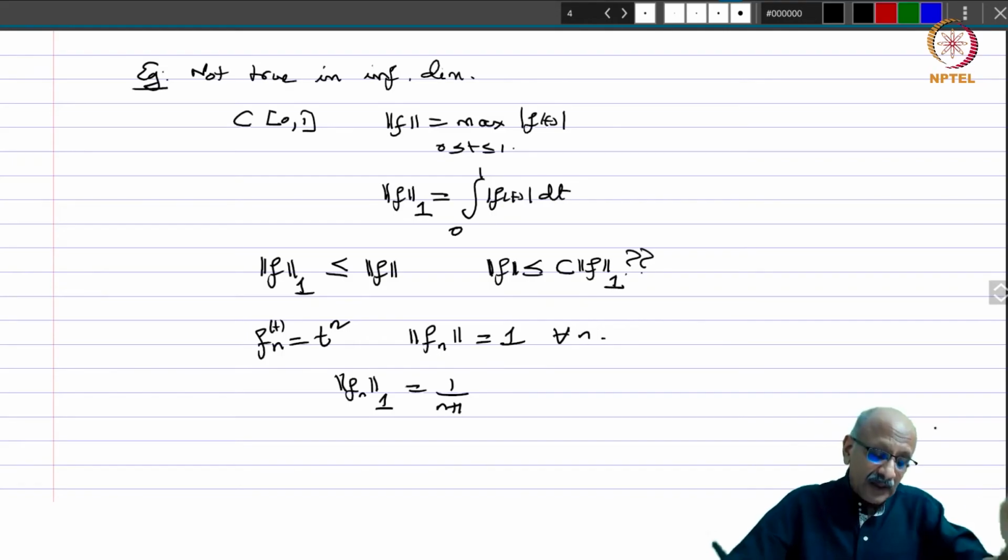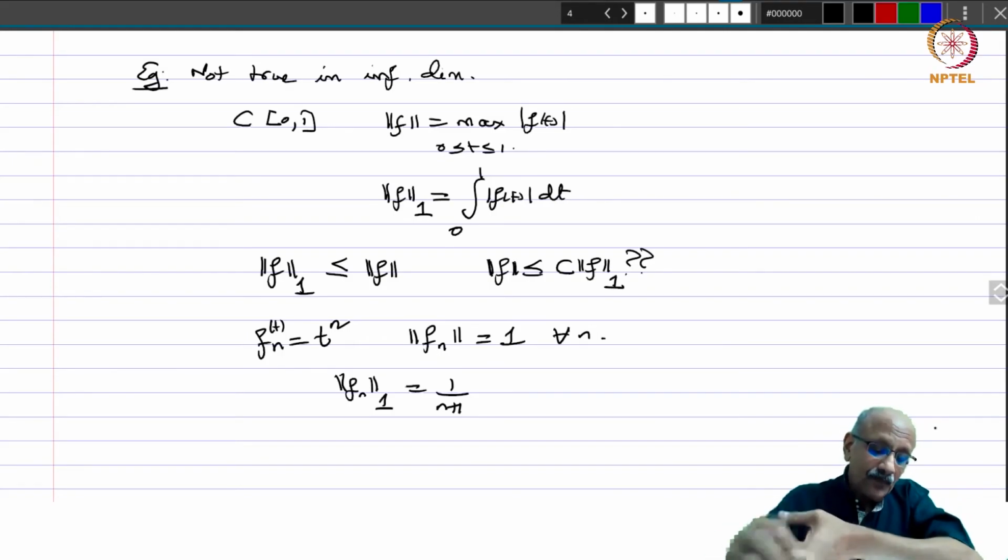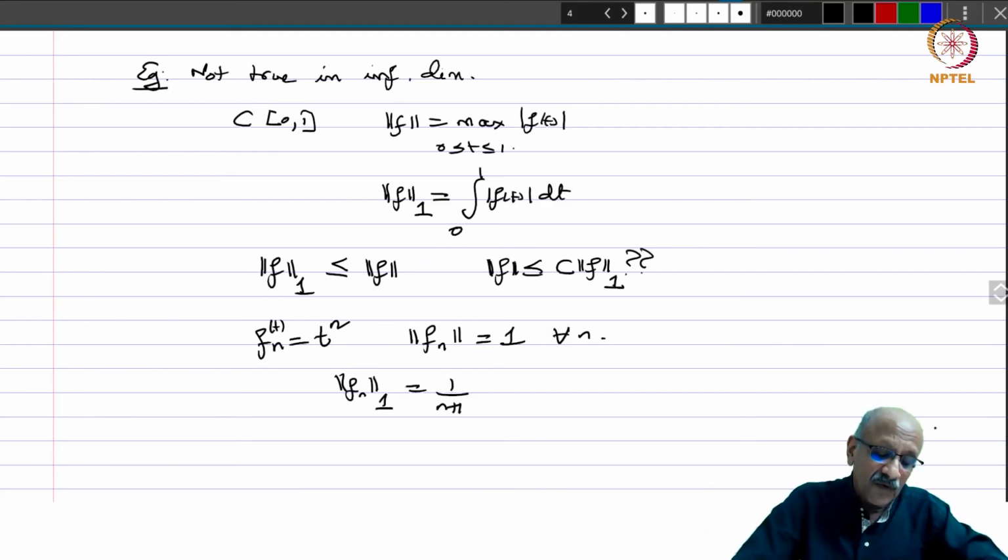Now the main thing which we used in proving the equivalence of norms is that the unit ball, or bounded and closed sets, were compact. Now this in fact characterizes finite dimensional spaces. This is a very amazing fact.